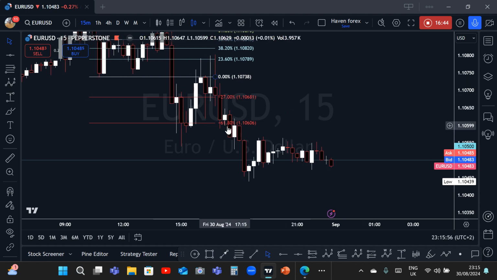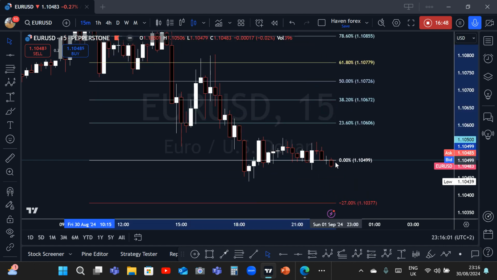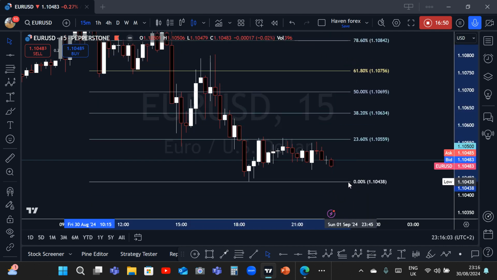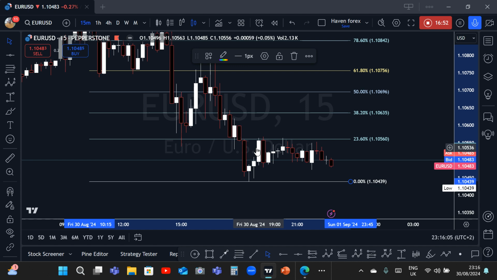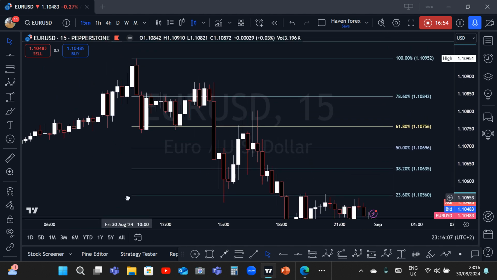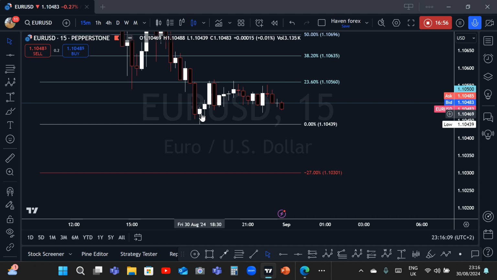Once your take profit is hit, you click and drag this thing down again where there's a retracement. You can see that this guy only pulled back to 23.60, which is what we refer to as a continuation. So as you can see, the trend still continues.